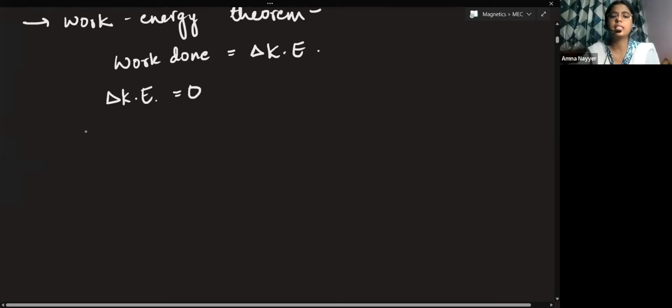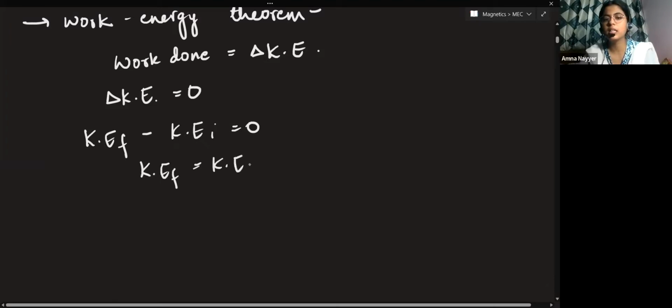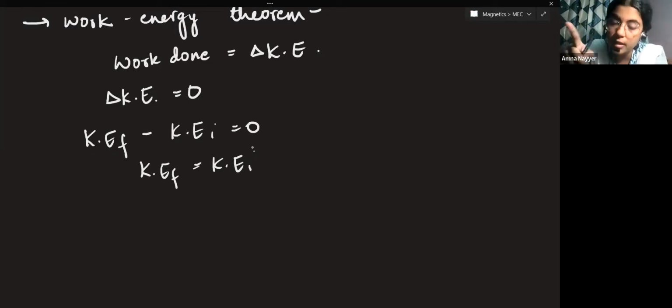So here you can say kinetic energy final minus kinetic energy initial is equal to zero, which says final kinetic energy is equal to the initial kinetic energy. So from this statement, if force is perpendicular to velocity, then there is no change in kinetic energy. This can also come in your theoretical question. And one more thing that can come.